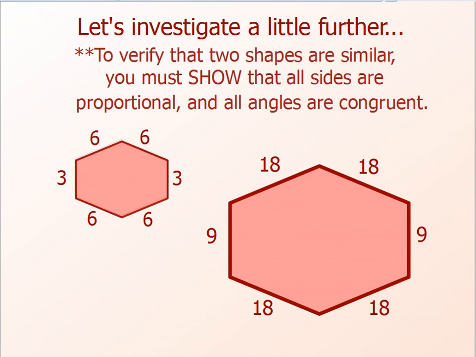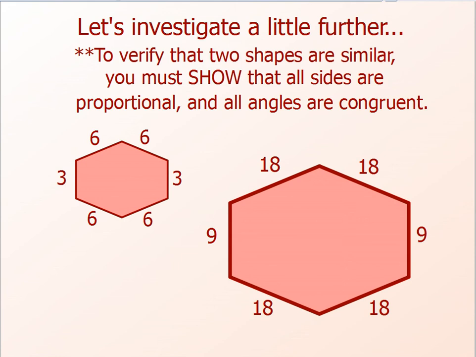So, let's talk about how to prove that two shapes are similar. You must show that all the corresponding sides have the same proportion, that all sides are proportional, and that all angles are congruent. We're actually going to be using protractors to measure our angles to verify that they're all the same measure, and we'll talk a little bit more about that in class.